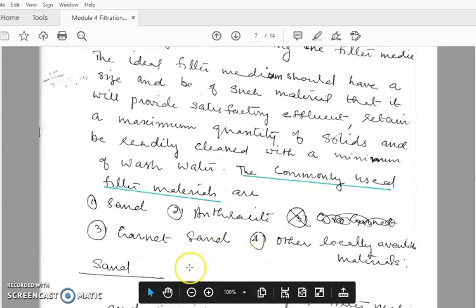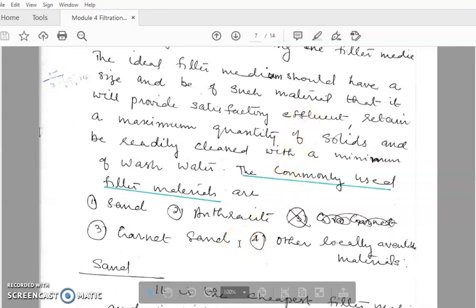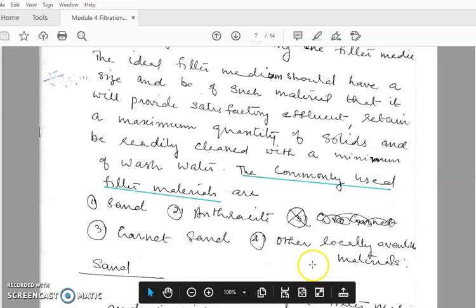Now the third one is garnet sand. Garnet sand is nothing but the green sand. It has the good qualities of all the prerequisites, but it is very costly. And then we all know that we usually use certain other locally available materials also, which we will discuss again.